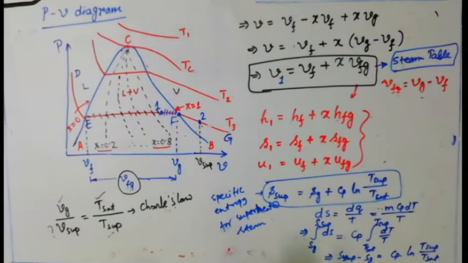So that is all for this PV diagram, as well as the formulae that can be used to solve different numericals on pure substance problems. Next we are moving to the next diagram, that is known as the TV diagram as well as the enthalpy entropy diagram.